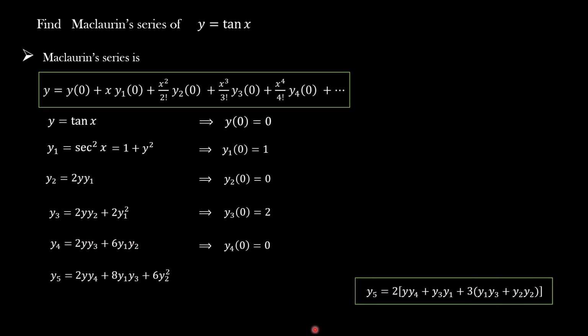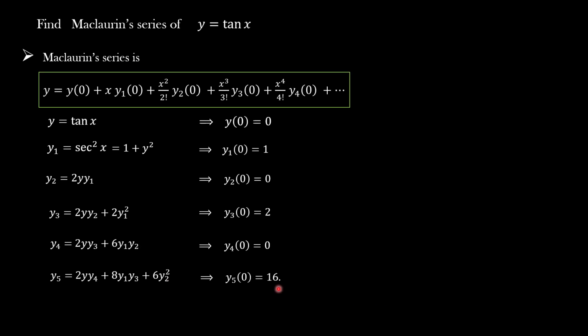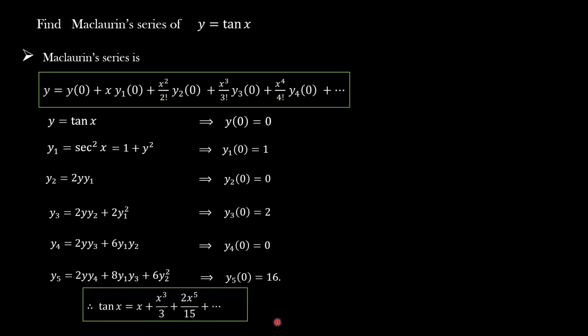Therefore, y5 is equal to 2 times y into y4 plus 8 times y1 into y3 plus 6 times y2 square, which implies y5 of 0 is equal to 16. Now by substituting the unknowns, you will get tan x is equal to x plus x cube by 3 plus 2 into x to the power 5 by 15 and so on.